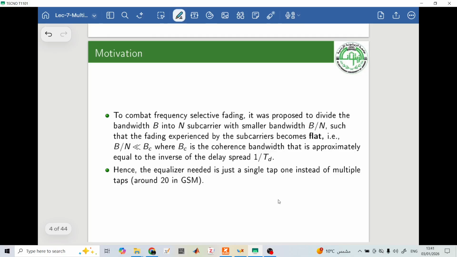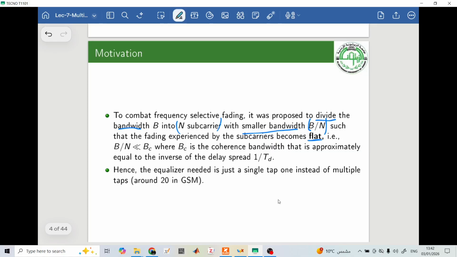the way to do it is to divide and conquer. So we divide the bandwidth into N subcarriers with smaller bandwidths. Of course, the new subcarrier bandwidth will be B over N. So in this case, the wideband or frequency selective fading will be converted to flat fading.